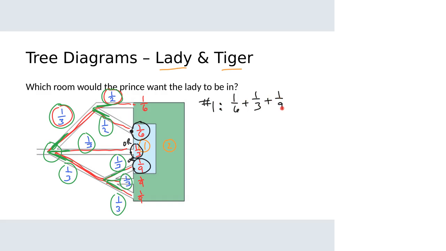And as somebody who teaches math for elementary teachers, I love this because now we have to remember back to 122 and working on fractions, and we need a common denominator. Let's see, what's something that 6, 3, and 9 will all go into? What am I going to use for a common denominator?